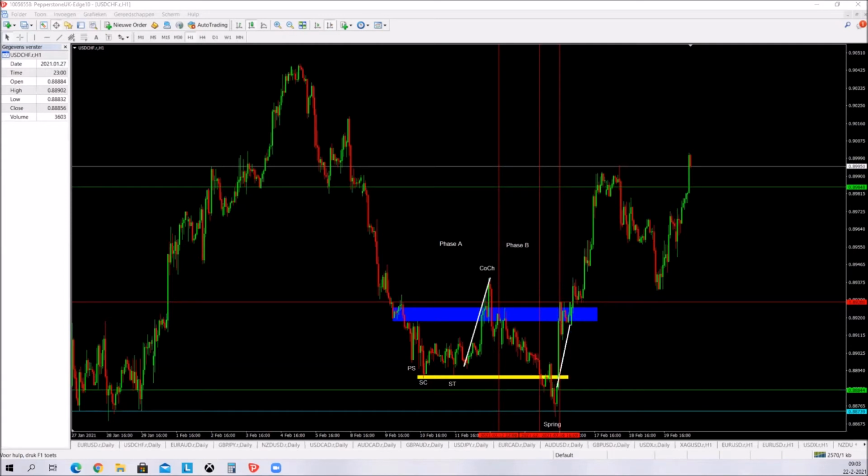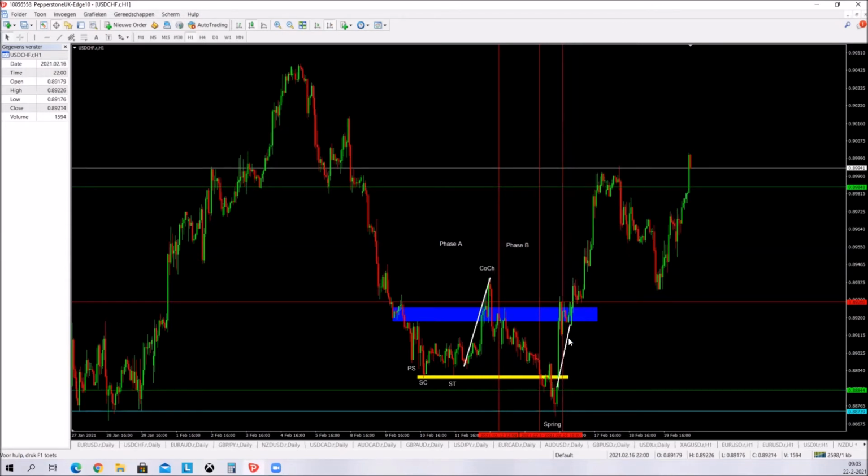So that's phase D, and the red line is my entry. So the close above this level, as you can see, that candle closed above. So that's my entry. Again, people will be trading from a retest. I don't. I trade the breakout. However, I am working on scaling in at retracements to increase my performance.